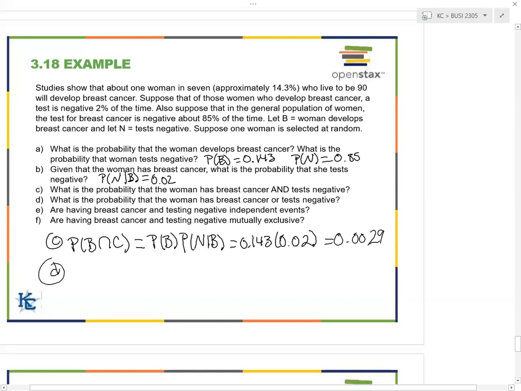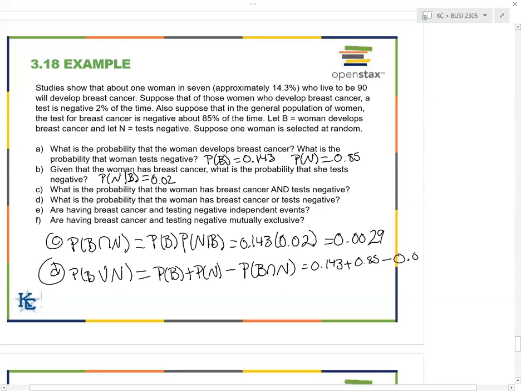For D, what is the probability that the woman has breast cancer or tests negative? So the probability of B or N. I don't know why I put a C there instead of an N. We know the formula is the probability of B plus the probability of N minus the probability of B intersect N. So the probability of B was 0.143, plus the probability of N was 0.85, minus the intersection, which we found in C, 0.0029.